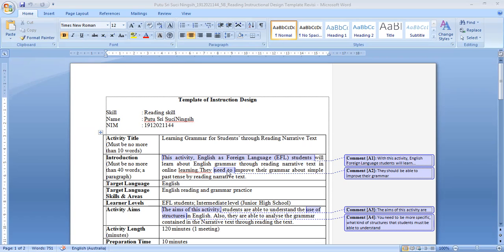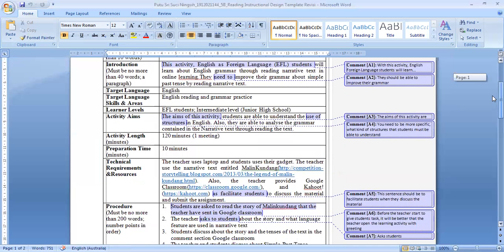Next, they should be able to improve their grammar about simple past tense by reading narrative text. Next, we will move to the activity aims.